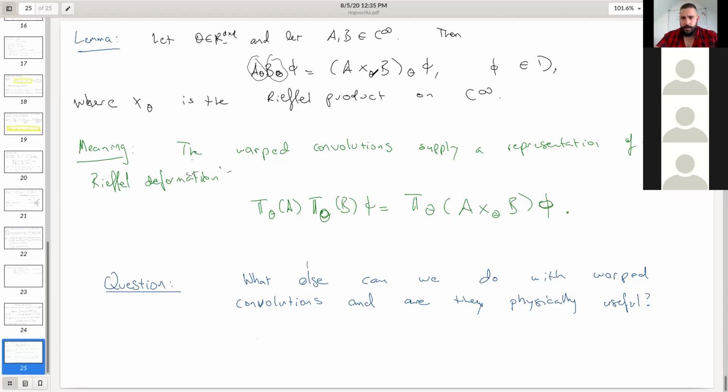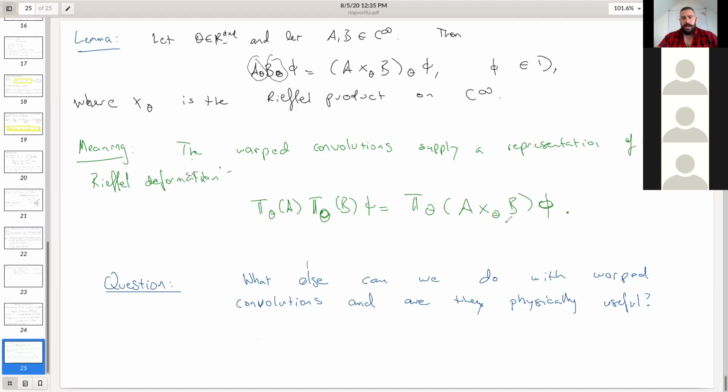Where this x theta is the Rieffel product on C infinity. So in a sense, what does it mean? The warp convolutions supply a representation of the Rieffel deformation. It means if this is the warp convolutions, P theta of A, P theta of B is equal to P theta of A times theta B.